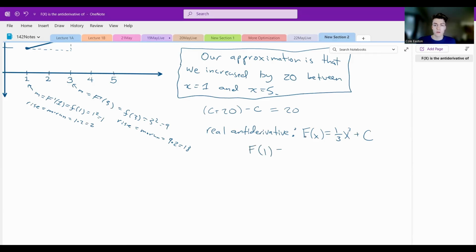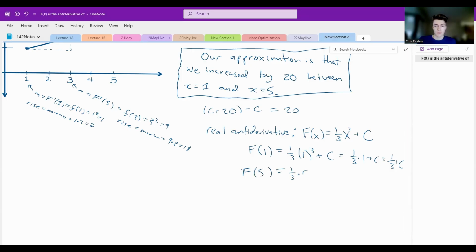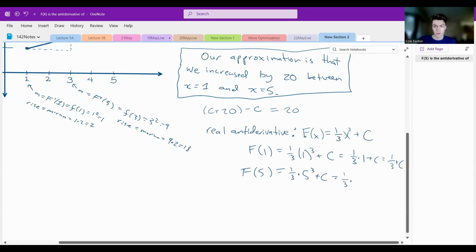Then let's find f of 1. So big F of 1 equals 1/3 times 1 cubed plus c, which is 1/3 plus c. And then let's find f of 5. Big F of 5 is 1/3 times 5 cubed plus c, so that's 1/3 times 125 plus c, which we can rewrite as 125 thirds plus c.